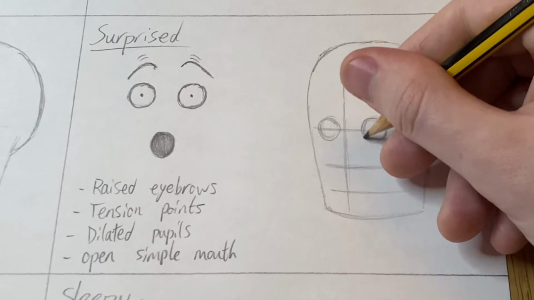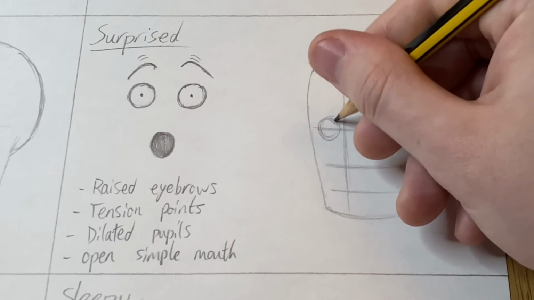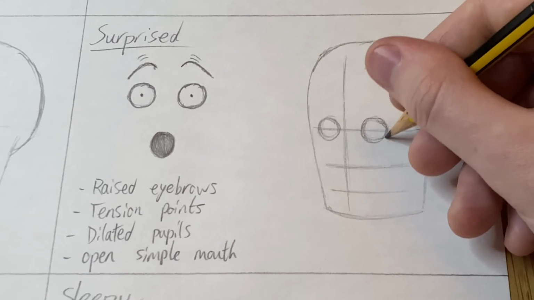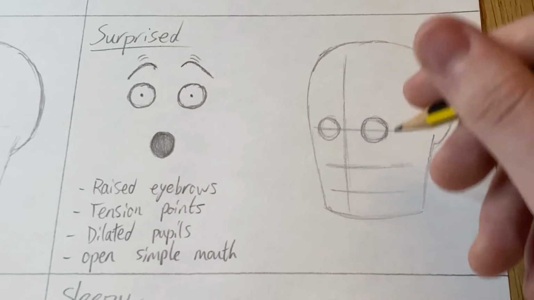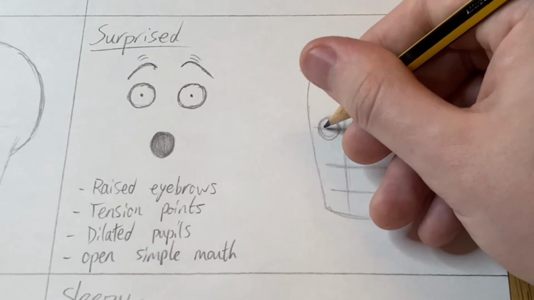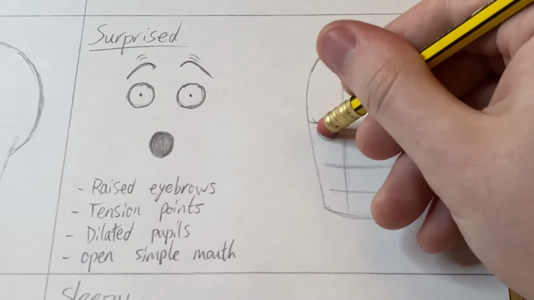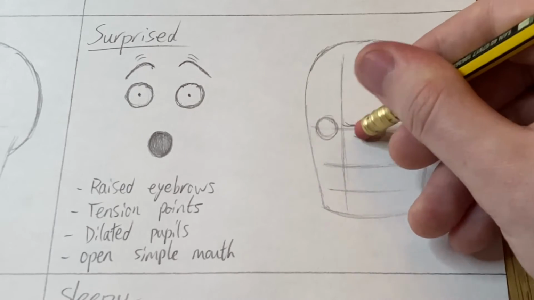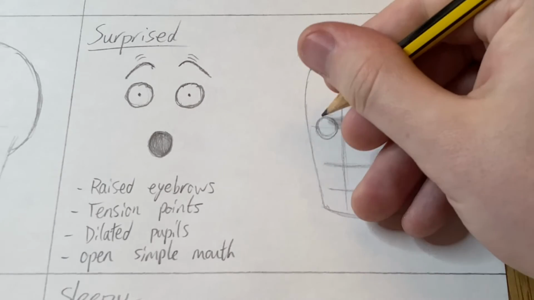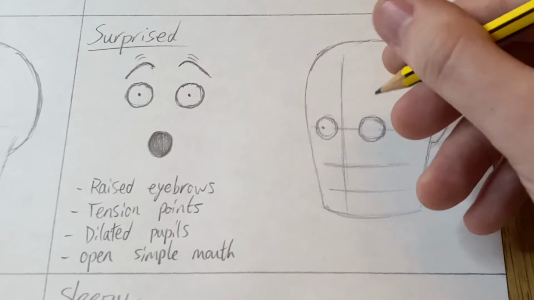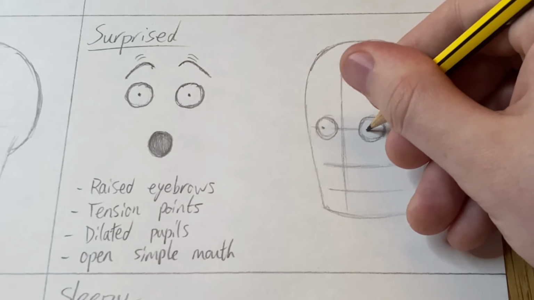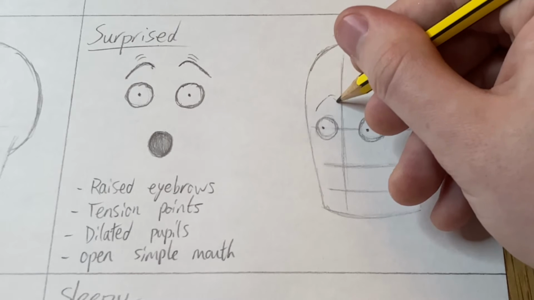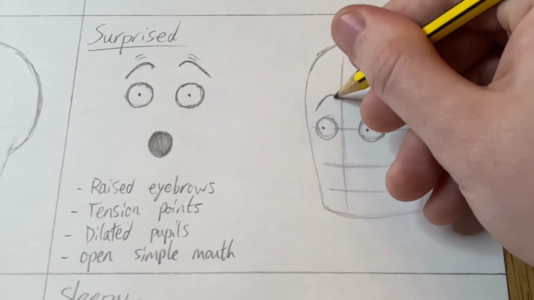So in a scenario like surprised, you can almost get away with expanding the face. I'm just going to erase those center lines just because we want to see the pupils. So tiny little pupils added. Our raised eyebrows with our hook towards the center.